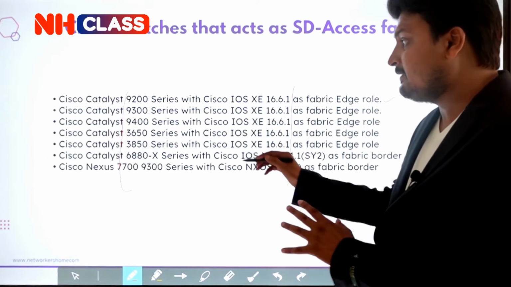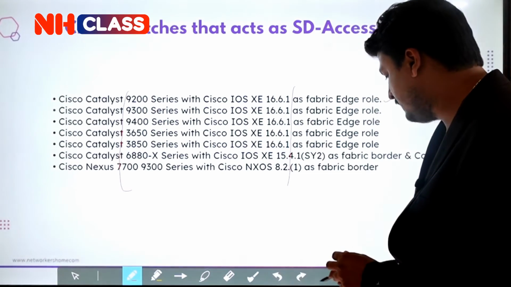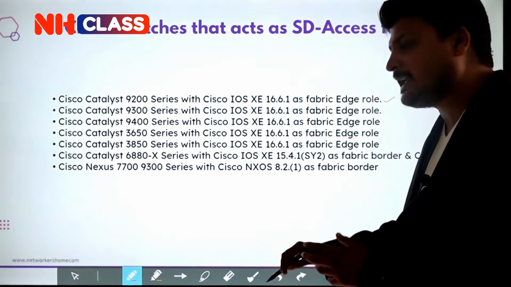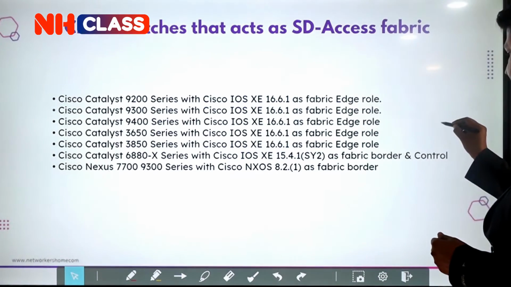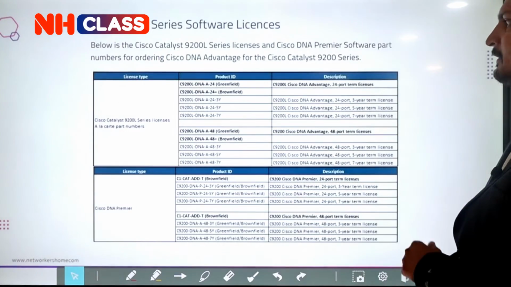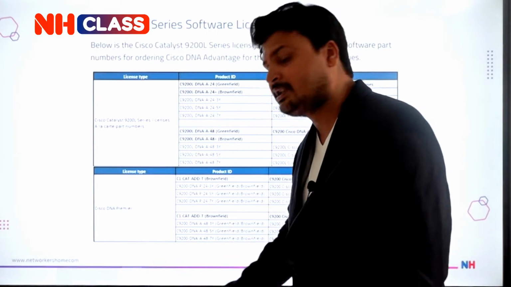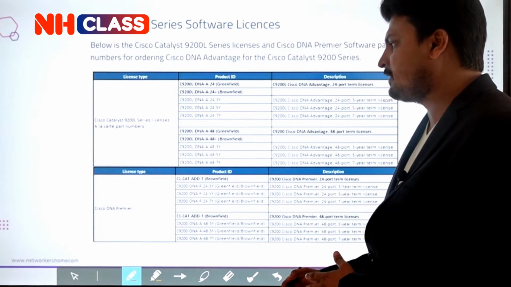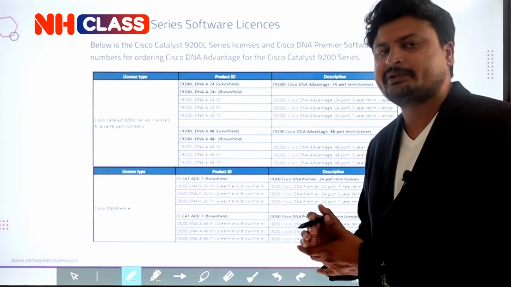These devices have an additional license. It's not like a traditional switch which will directly support it. Your device needs to have the specific type of license. We have different types of licenses on the fabric switches. A fabric switch is the device that will directly connect with and be integrated with your DNAC.